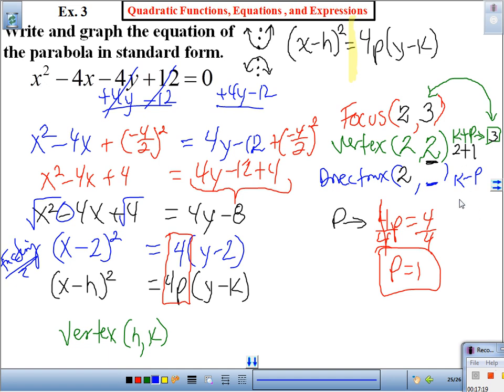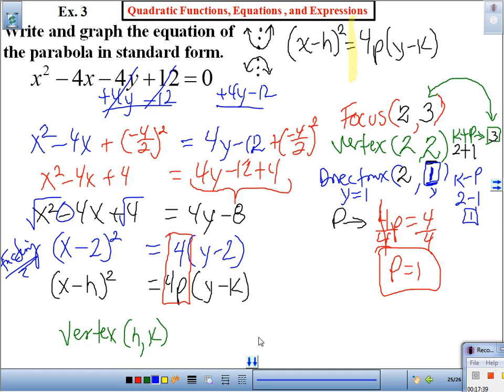So therefore, 2 minus 1 is 1. That goes here. So that was my last number. Look up, look up. This was the last number. What value is it of the directrix? The y. That's why our line is going to cross through y equals 1. Our directrix.